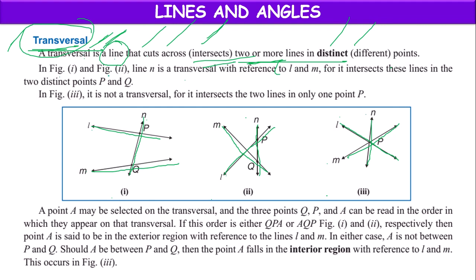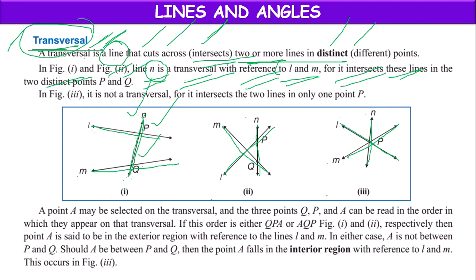So in figures 1 and 2, line N is the transversal with reference to L and M, because it intersects the lines at two distinct points P and Q. The line N intersects L at P and M at Q, which means it intersects two lines at two different points.